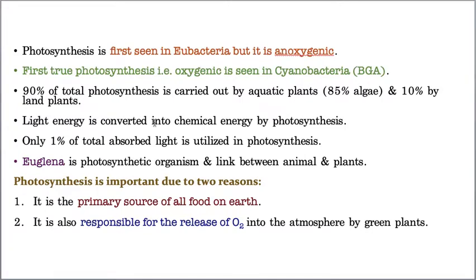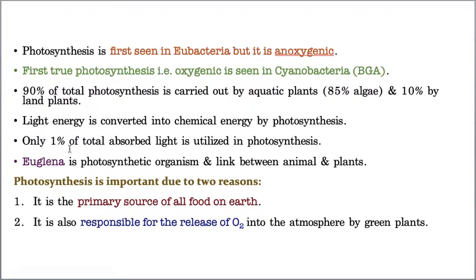In light reaction, I will clearly explain what it means that light energy is converted into chemical energy. So don't worry. Till that time you just remember this sentence, and I'll give a detailed explanation of around 1.5 hours on this particular statement, okay?